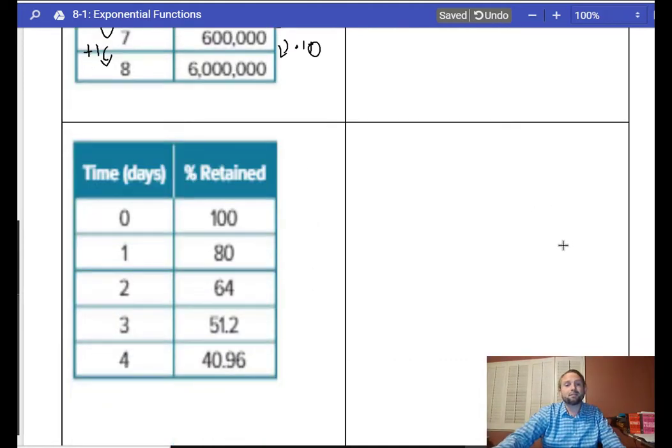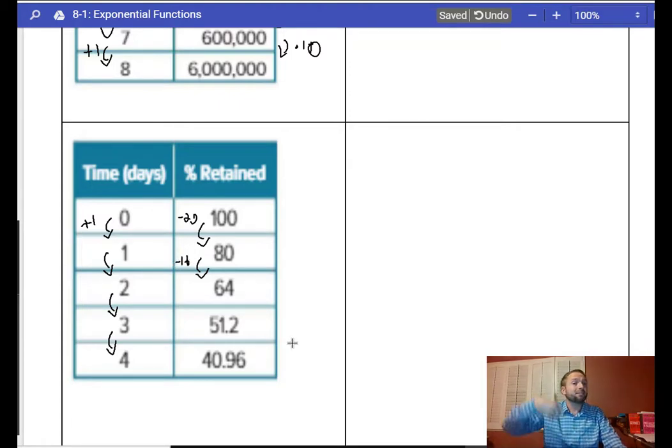The other way is if it decides to decay. Okay, well, each one of these is plus 1, plus 1, plus 1. So I'll write it once. But we don't really need to talk about that too much. Now, we could say, okay, it's going to be minus 20, and then from here to here, it's minus like 16. Well, okay, so we know it's not going to be linear because the rate of change changes.